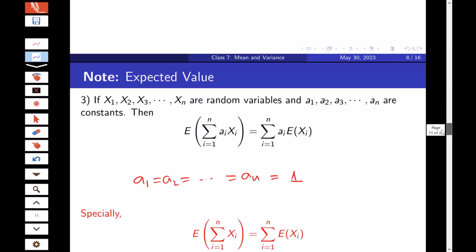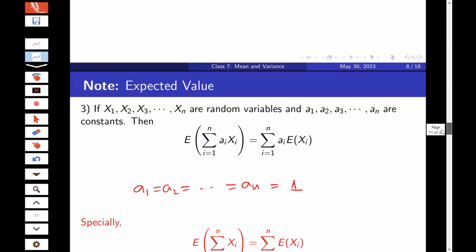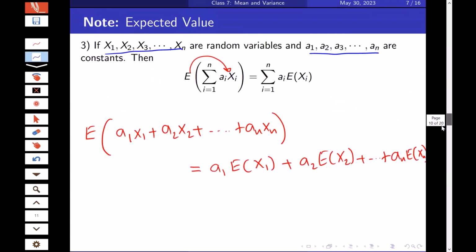This is true for n number of random variables.